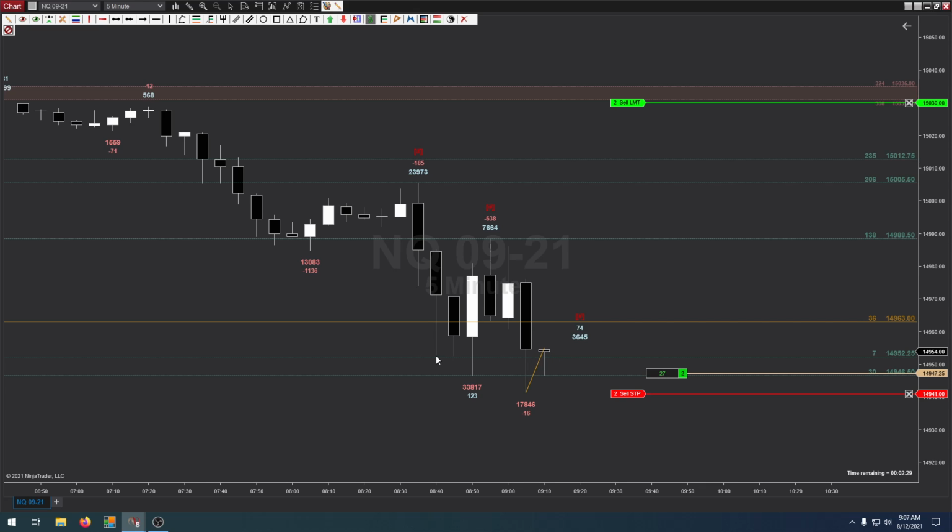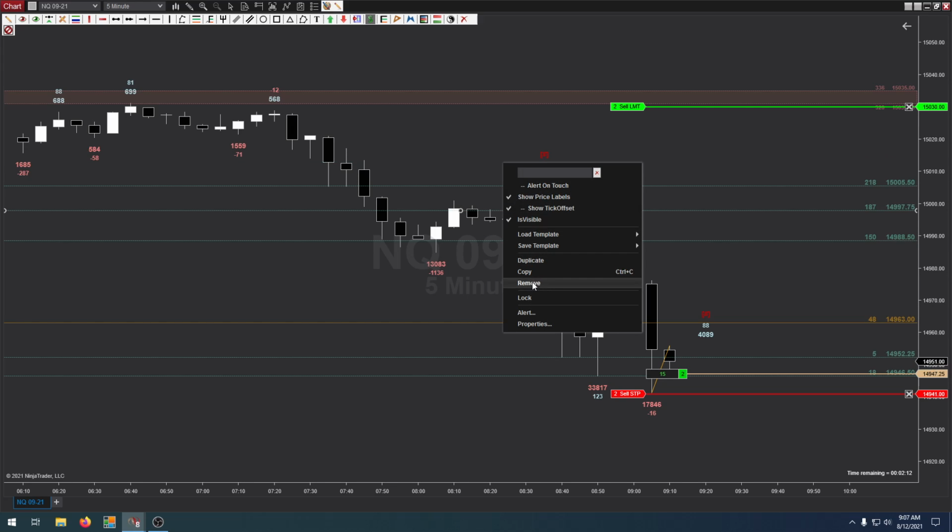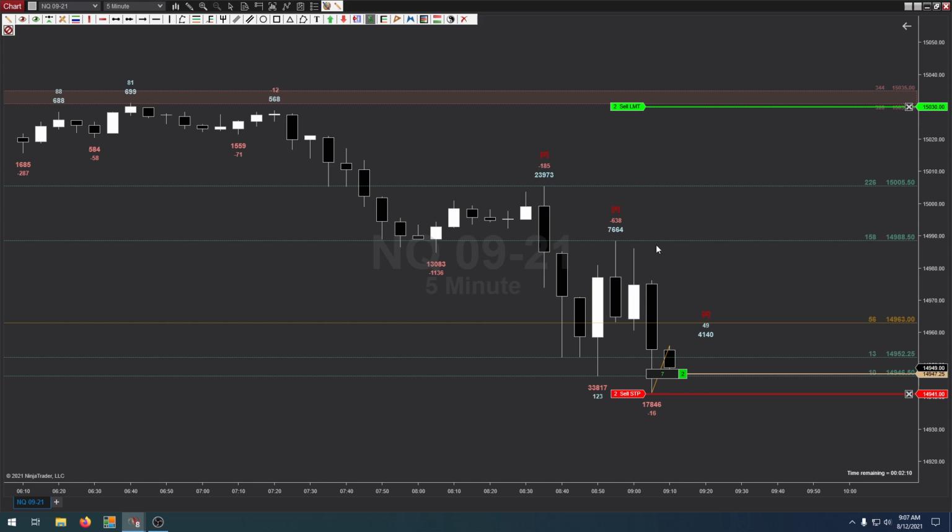That's just that fractal right there. So we need to go after yesterday's high again. I'm sorry, we need to go after yesterday's low, but we need to take out this high right there. This level's at this high right here. So we need to go after this high to get to this high.